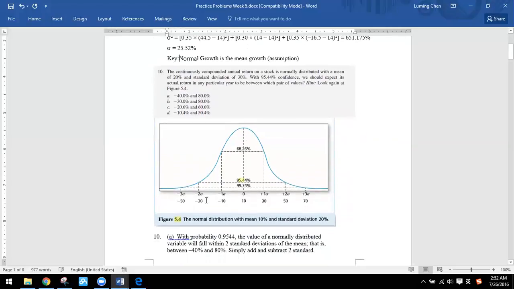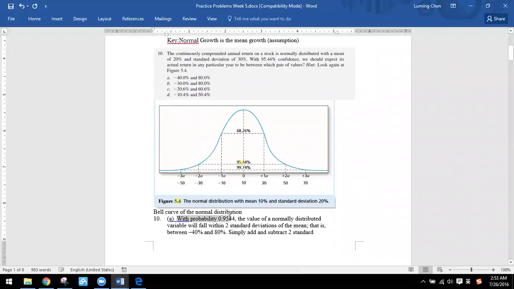So figure 5.4 is the classical bell curve of the normal distribution. So the 95% confidence interval lies in the -2 sigma to +2 sigma interval. So 1 sigma is 1 standard deviation.